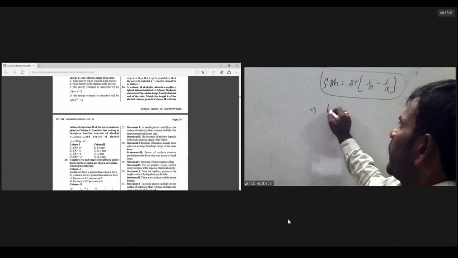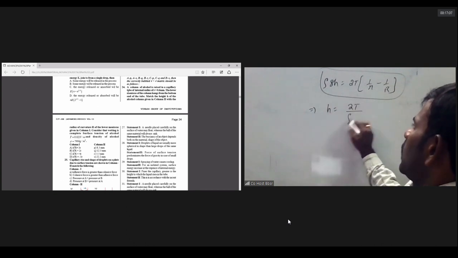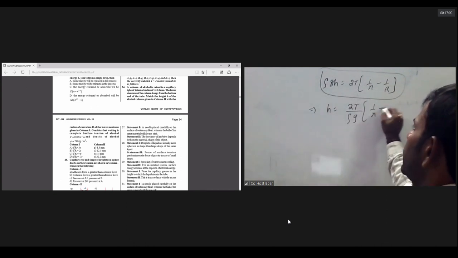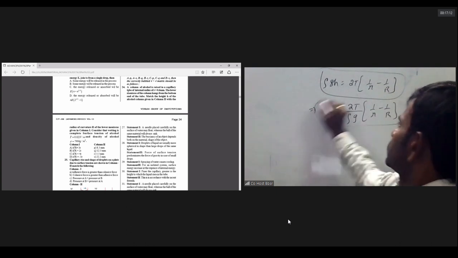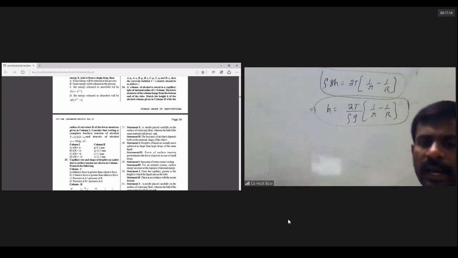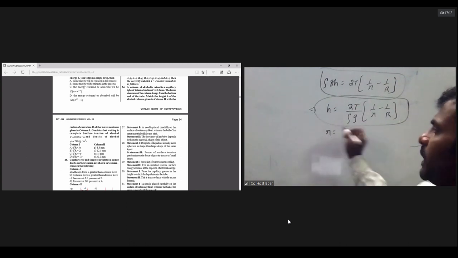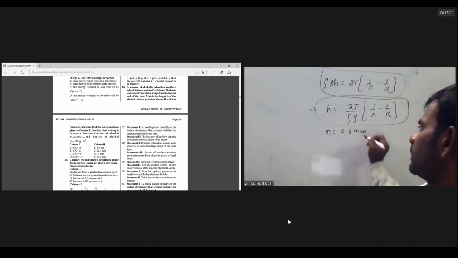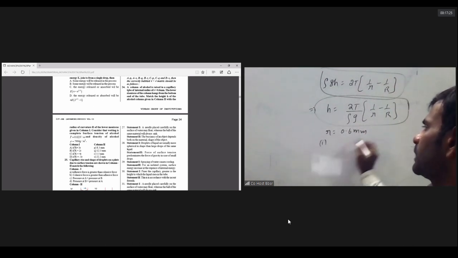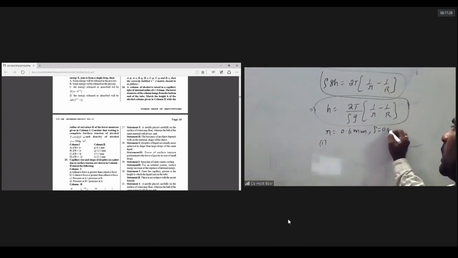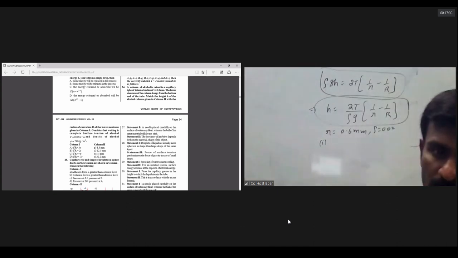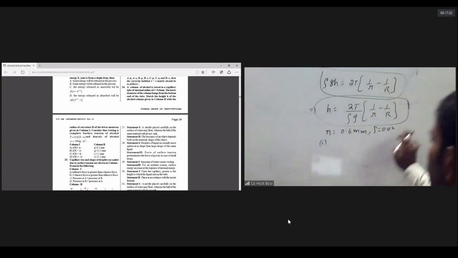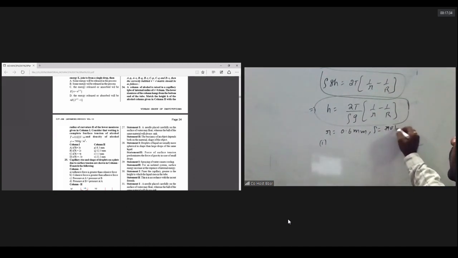They ask you to find h. h equals 2T by rho g into 1 by r minus 1 by capital R. Put the values and tally both. r is given how much? 0.6 mm given. Rho, the density, how much? 790 kg per meter cube.